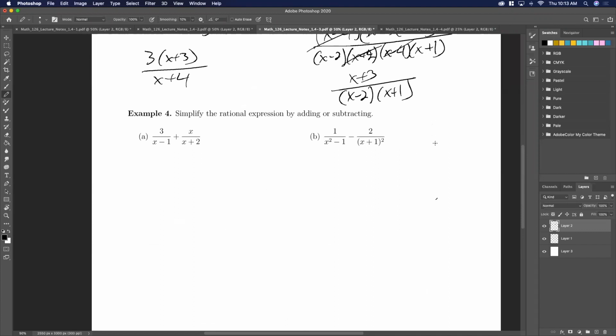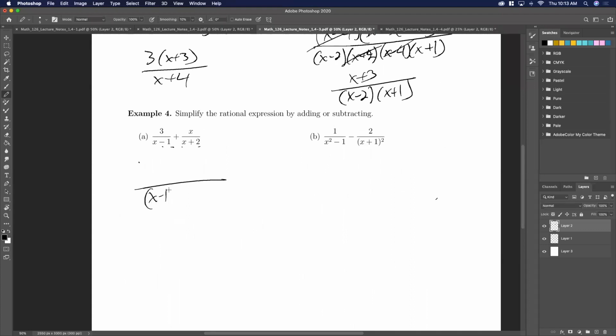Now, if we have to add or subtract rational functions, we need to make them look the same. And so in order to do that, I need to have a common denominator. The smallest common denominator I can get right here is x minus 1 times x plus 2. So this is what I want on the denominator.